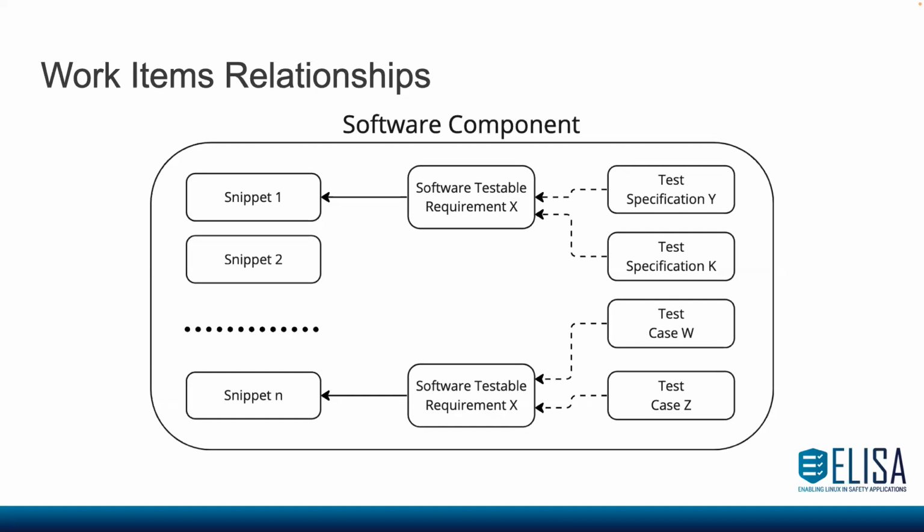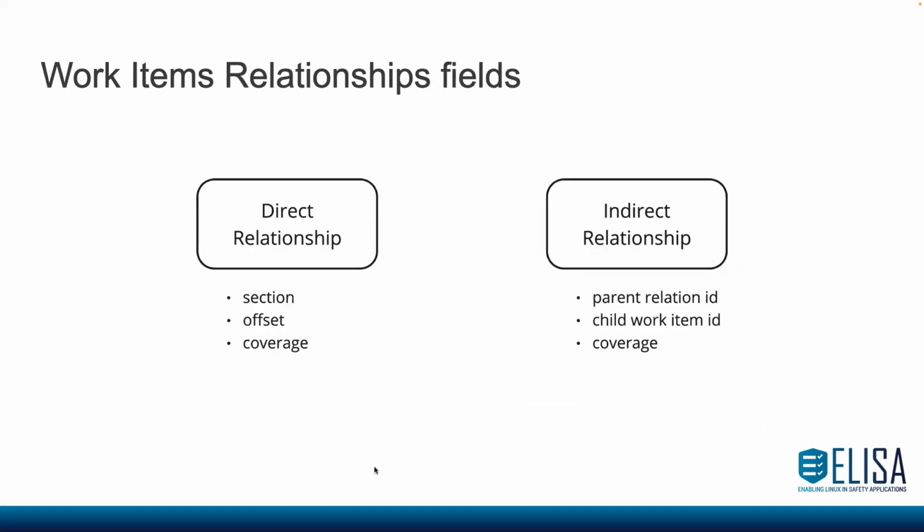In that example, we have a requirement X mapped against two different snippets, and it's possible to have a low-level work item that just describes a behavior related to snippet 1, for example. Anyway, no one forbids us to create the same set of work items for multiple instances of a software requirement or a software specification, and so on.